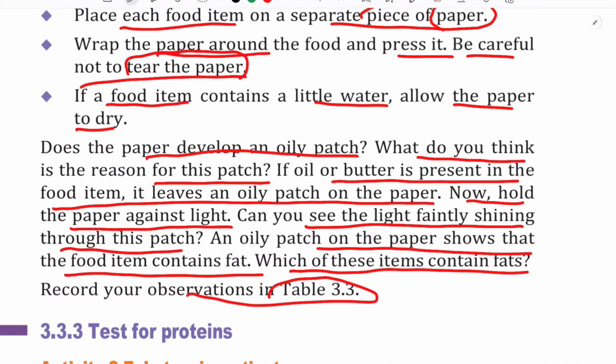So when you take out the samosa, what did you observe in the paper? There are oils around it, isn't it? That indicates that there is a presence of fat. Means if there are oily patches on the paper, that means the food item contains fat. So in short, oily foods, or foods which contain oils, have fats in them. So easily we can do that.